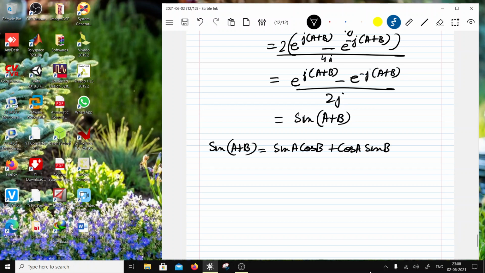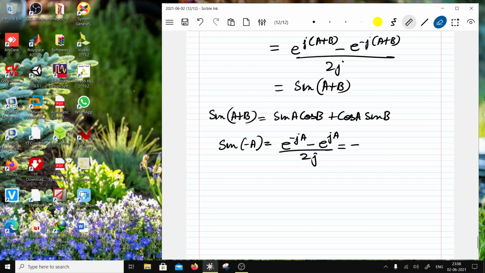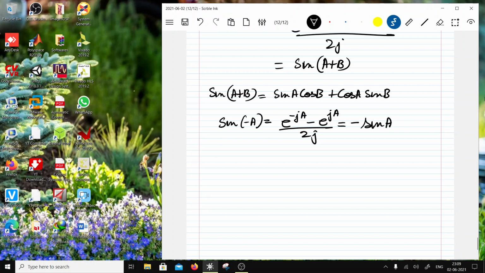Now one more thing to prove is sine of minus a, which would be equal to e raised to minus ja minus e raised to ja by twice of j, which will be equal to minus of sine of a. So sine of minus a is minus sine of a. What about cos?